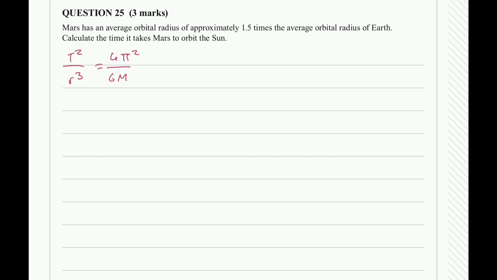M, on the other hand, I will note here as well so you can see it, is a solar mass, or the mass of the object our planet is orbiting around.